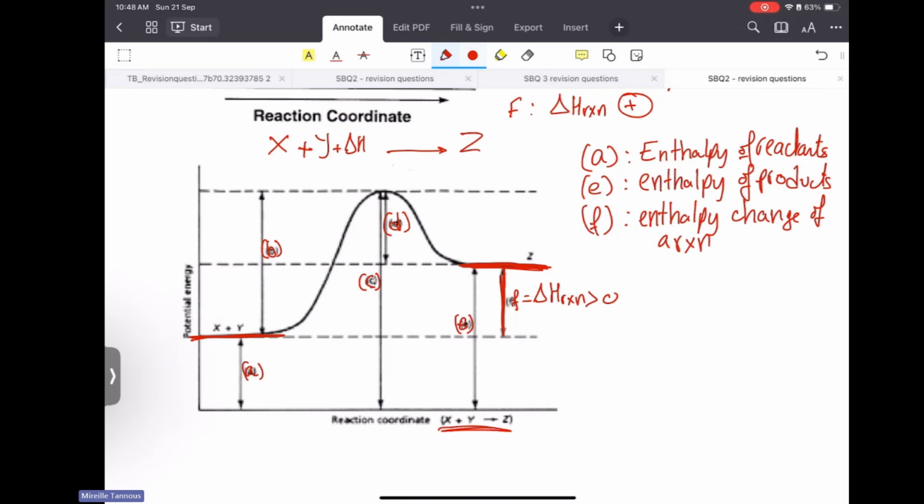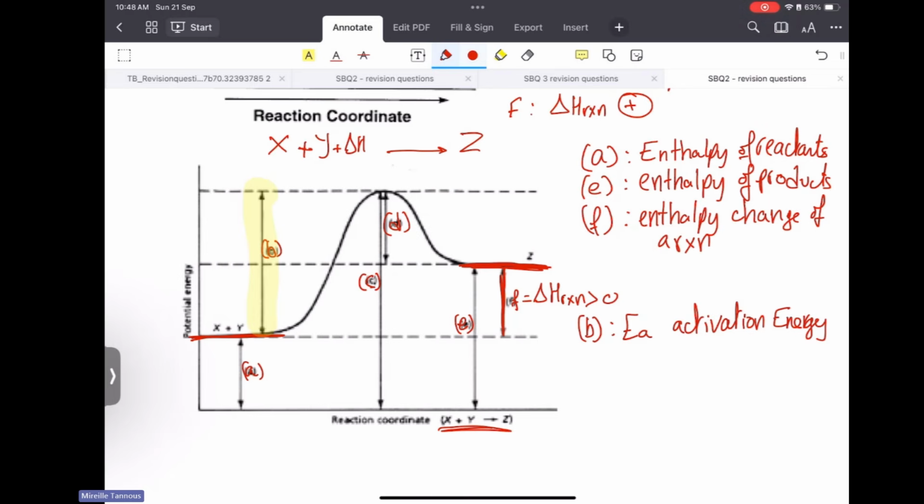Now, B is what? B is the energy absorbed by the reactants of the forward reaction to break their bonds, which we know by the symbol Ea, the activation energy of the forward reaction.